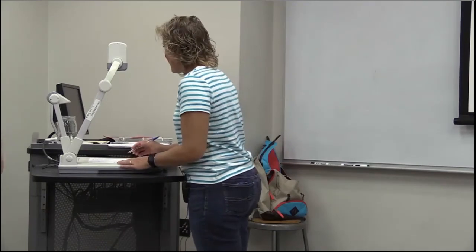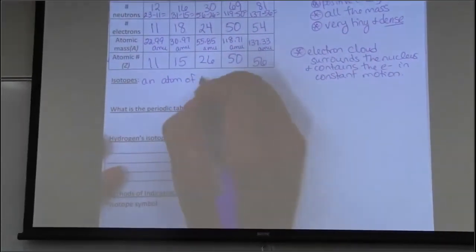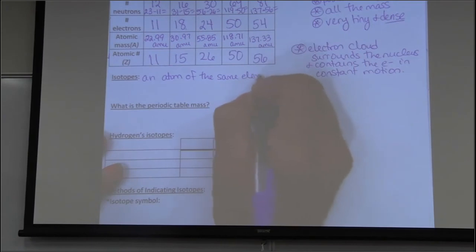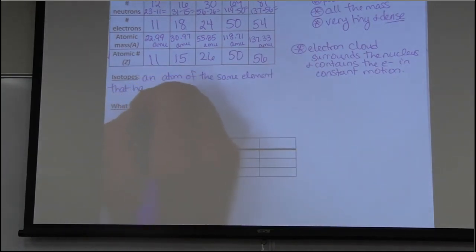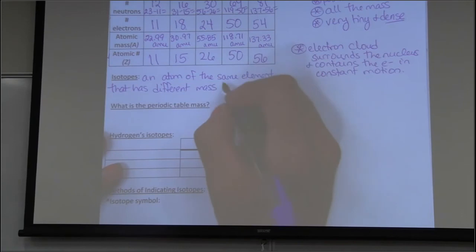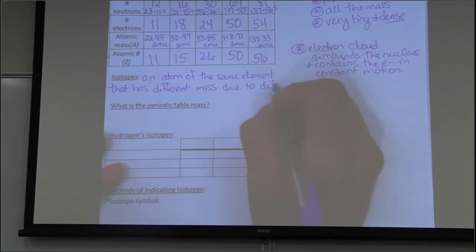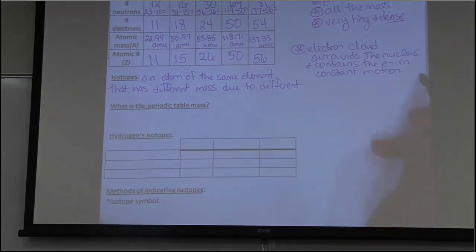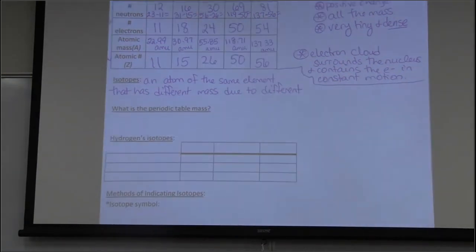So what is an isotope? An isotope is an atom of the same element that has different mass due to different... what makes up mass?